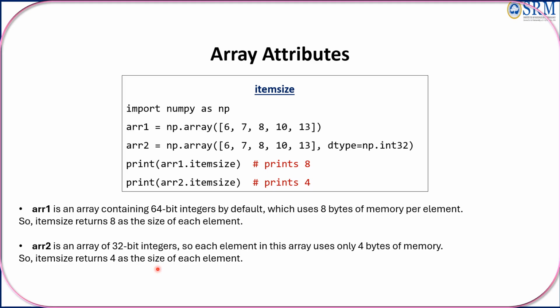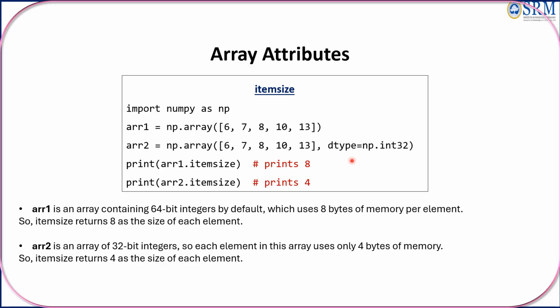And the last is item size. Item size tells us, if we create an array and want to know its data type, the integer type, the item size will be 8 bytes. 8 is the size of each element, the bytes of memory per element, because it falls under the 64-bit integer type by default.